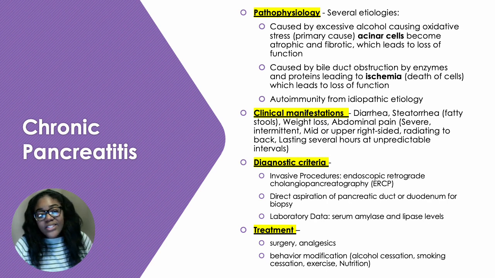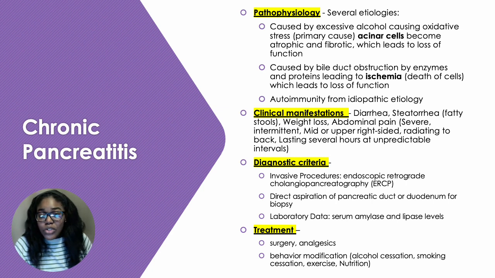So now we're moving into chronic pancreatitis, and again, you will see some dualities with the pathophysiology of chronic pancreatitis and acute pancreatitis. So again, we see that cause of excessive alcohol, and the extent is that those acinar cells have become so damaged that they're atrophied and fibrotic, which leads to a loss of function. You also have that bile duct obstruction.